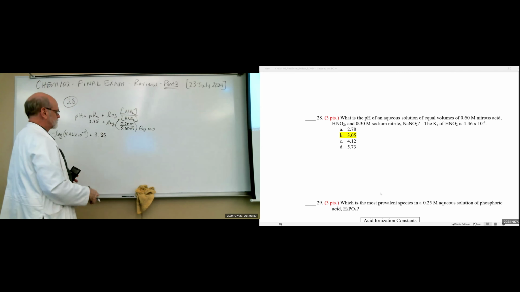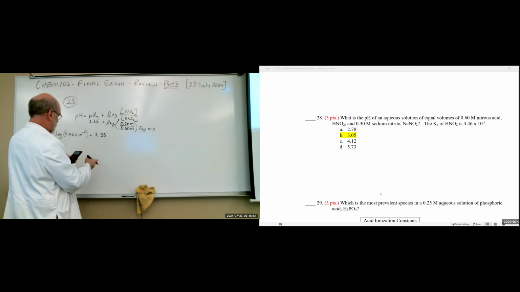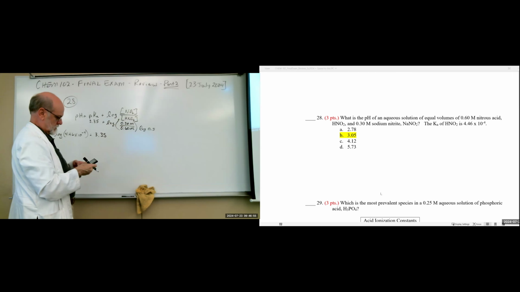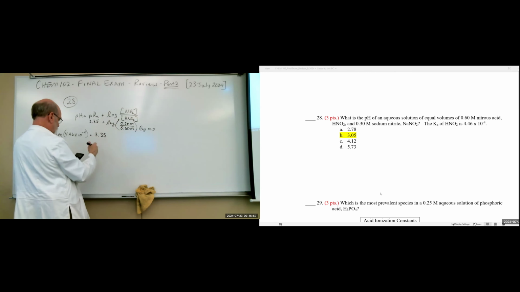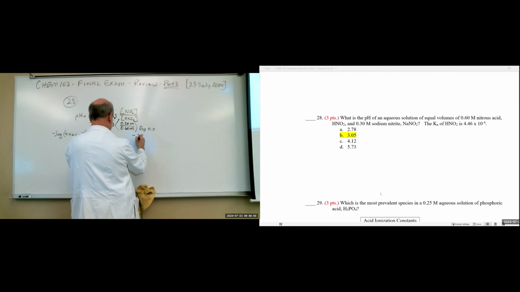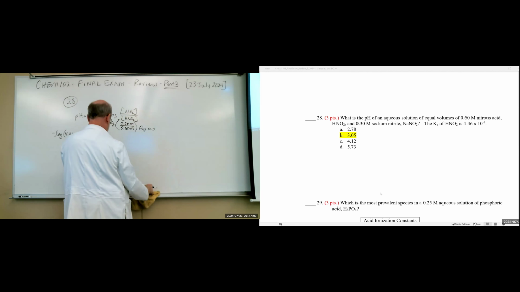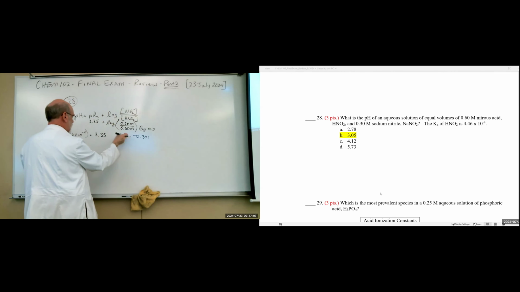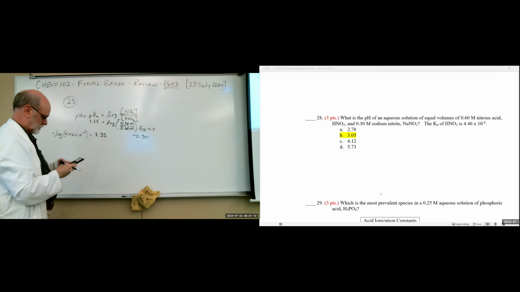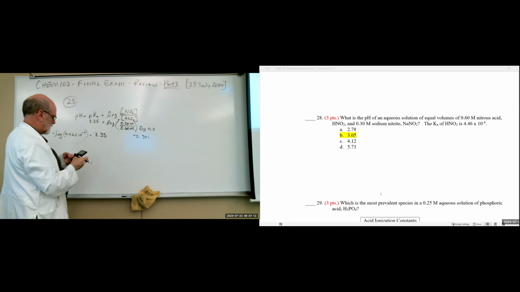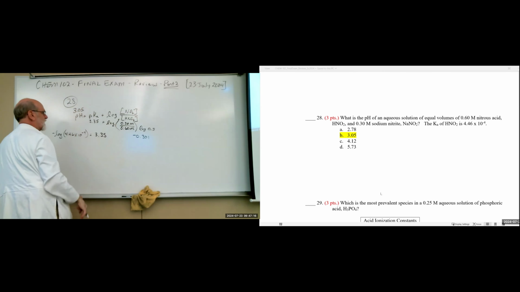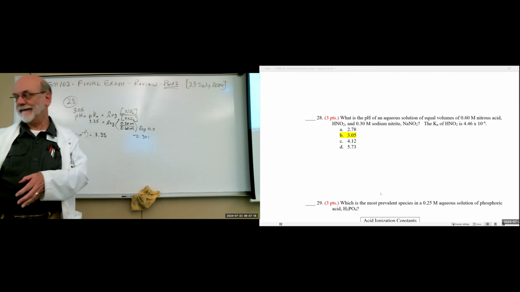So I want the log of 0.5, which is negative 0.301. I add that to 3.35, and I get 3.05 for the pH.